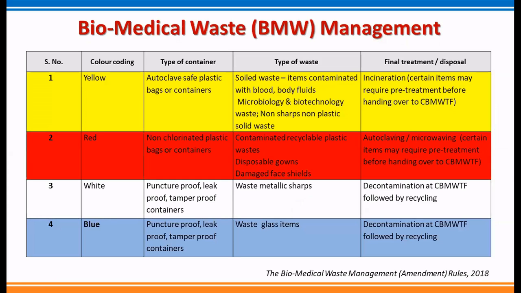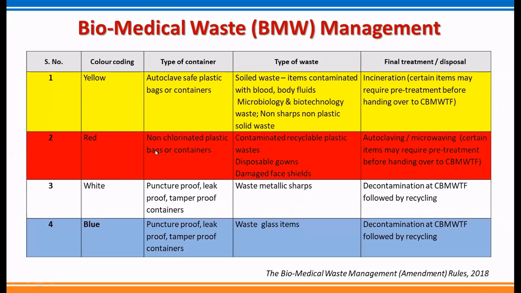Now, this is a matrix showing how the biomedical waste management protocols handle the different types of waste and what type of containers. Although you know this in detail for different facilities, our focus here will be on the red and the white color-coded bins.